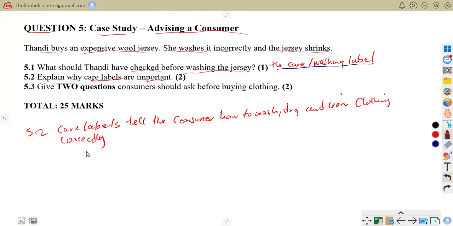So following these instructions helps prevent damage and makes clothing last longer. 5.3, give 2 questions consumers would ask before buying clothing.